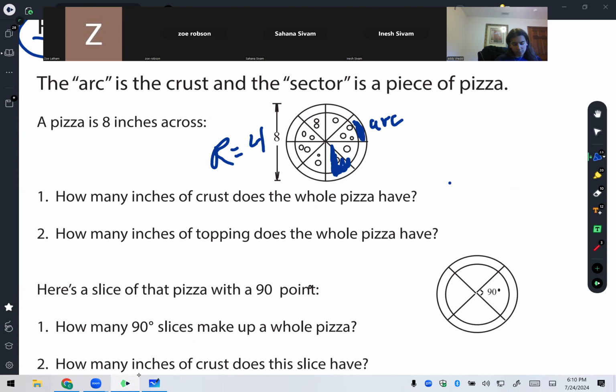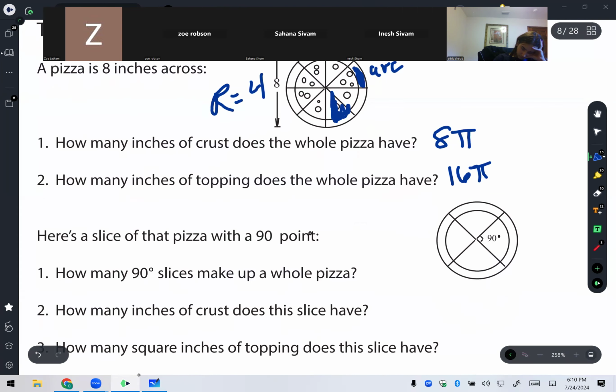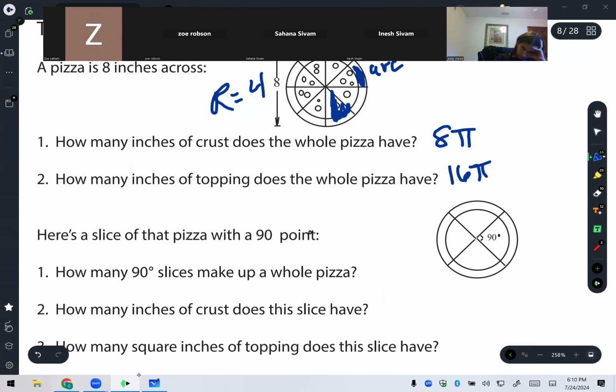The whole pizza would have 8 pi inches of crust. This is just to get your familiarity up. If we square the radius, all the topping would be 16 pi. We just assume the topping goes over the entire pizza. So here's a pizza with a 90-degree angle.